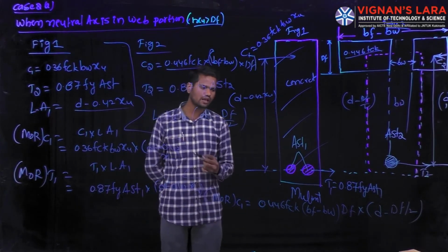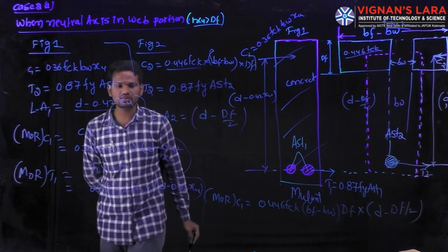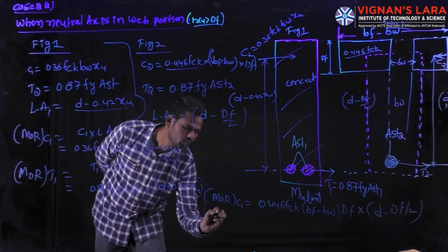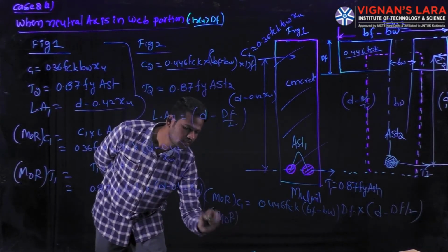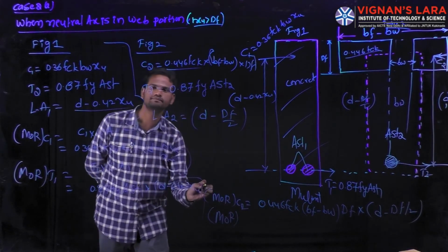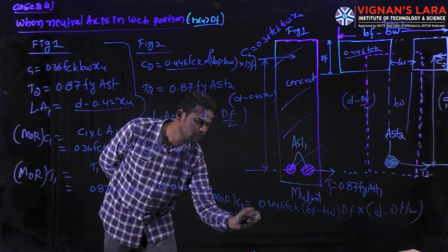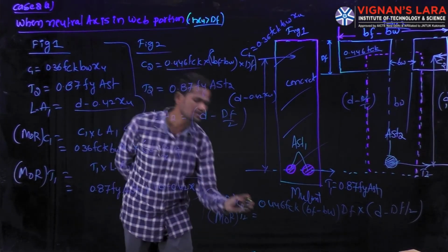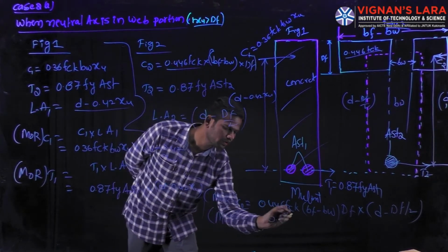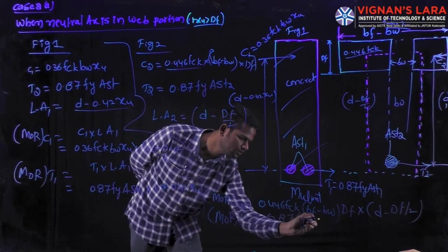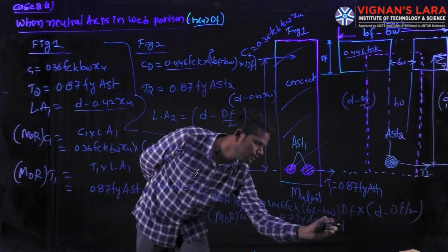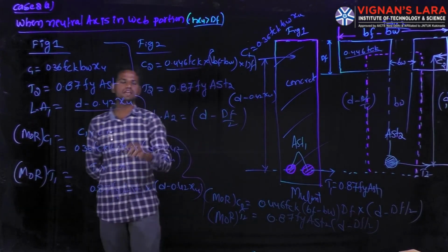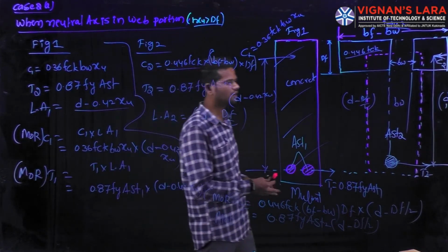As well, we calculate the total tangential force acting on this beam in the tension direction. That is the moment of resistance for T2 here. Moment of resistance in the tension zone equals the total tangential force into the lever arm distance. That is nothing but 0.87 into fy into Ast into (d minus df by 2). This is the total tangential force acting on this particular second beam.